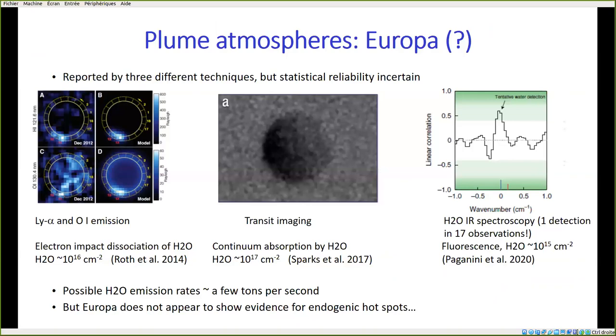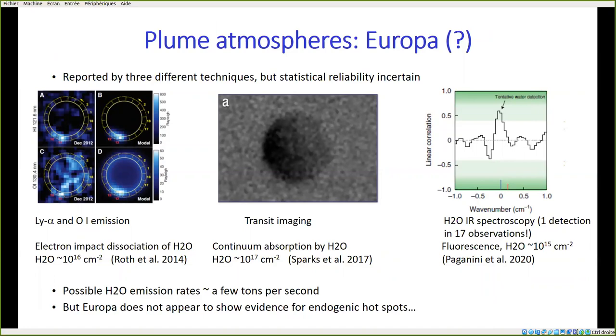Europa also, in all likelihood, has a surface ocean, and therefore plume atmospheres have also been searched for on Europa. But this time, in fact, the results are ambiguous. There have been 3 different and independent techniques that have reported the existence of plumes.